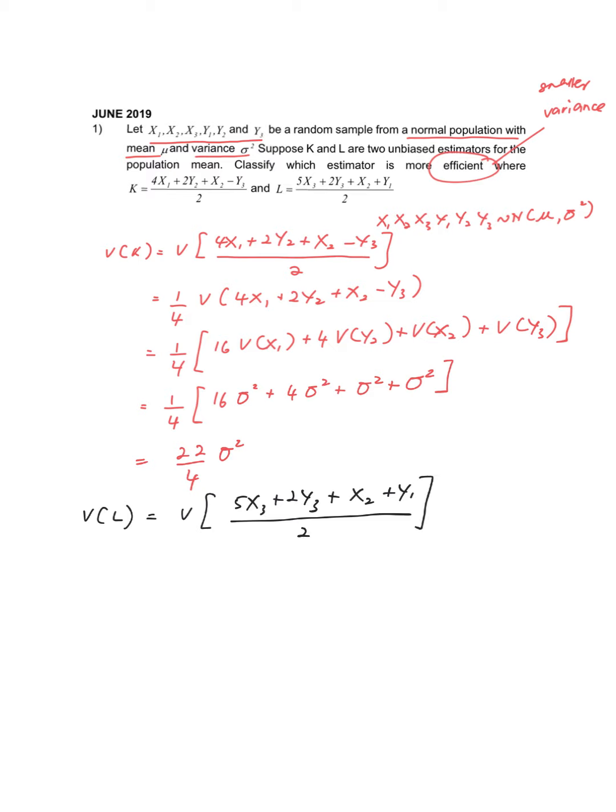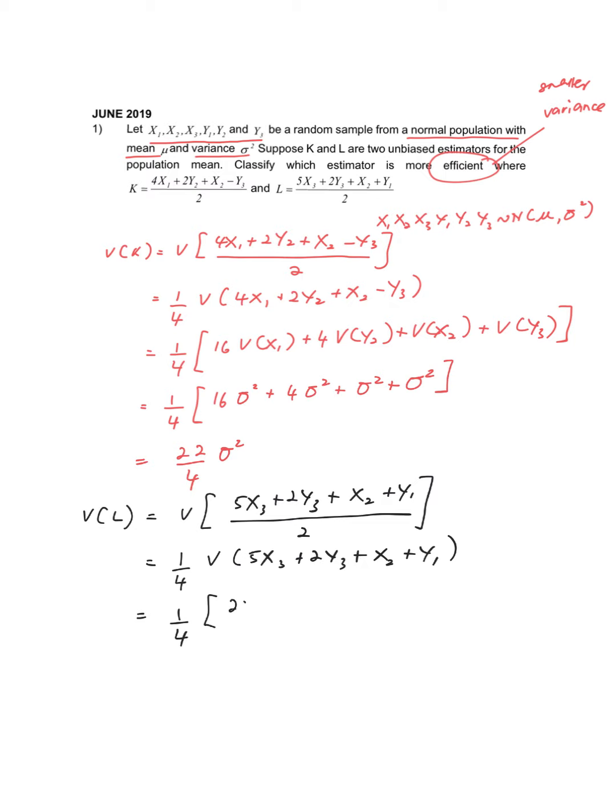Okay, so macam biasa keluarkan 1/2, dia akan jadi 1/4. Okey, darab dengan V 5x3 tambah 2y3 tambah x2 tambah y1. So this one 1/4. Kita nak buka kurungan ni.